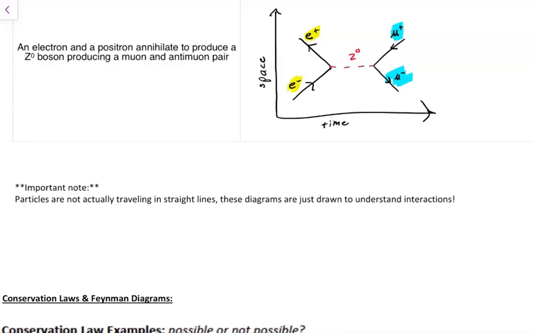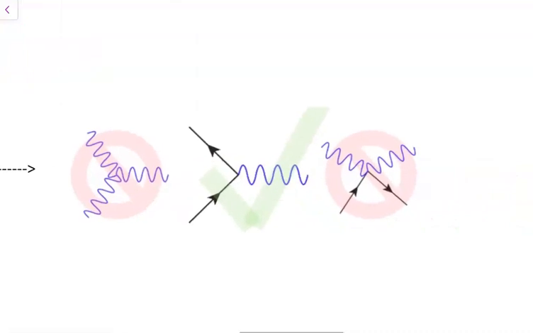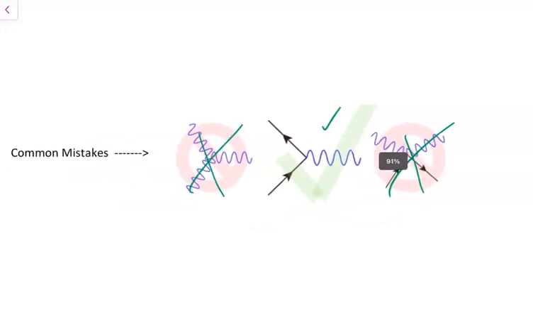It's just a convention. They're just moving some direction forward, some direction backwards, so they're only meant to show forward or backwards. Also, when drawing Feynman diagrams, you cannot have exchange particles interacting. You cannot produce two exchange particles. We draw them separate. So just know that that's not good, and that's our good one.